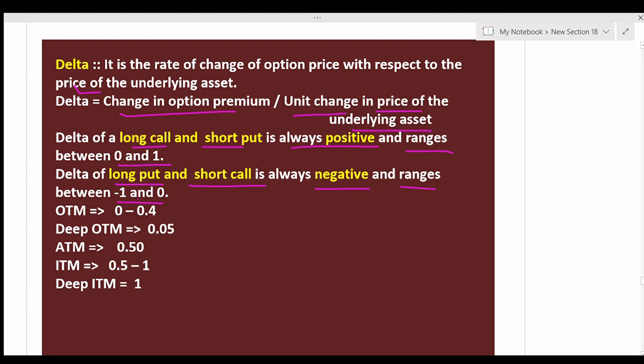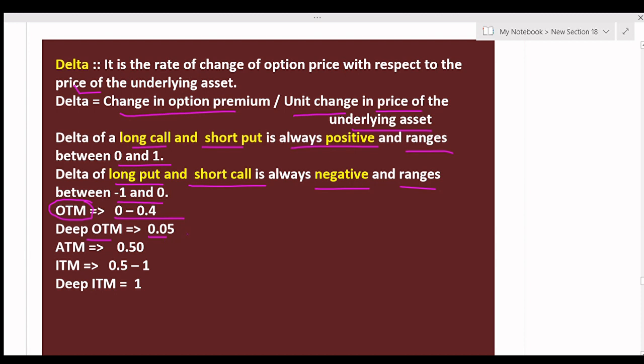And here OTM is 0 to 0.4. What is OTM? You know that it is where the intrinsic value is nil, and deep OTM is 0.05 or greater than that. What is deep OTM?